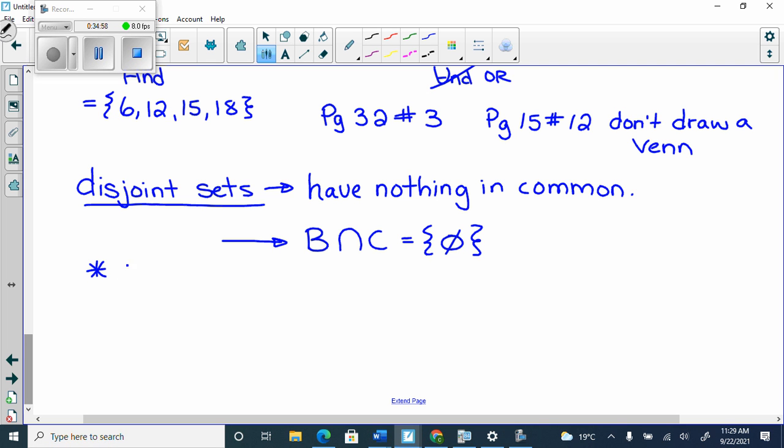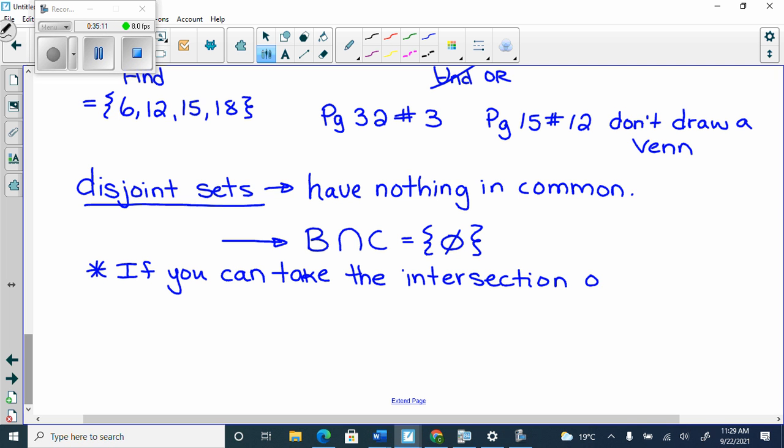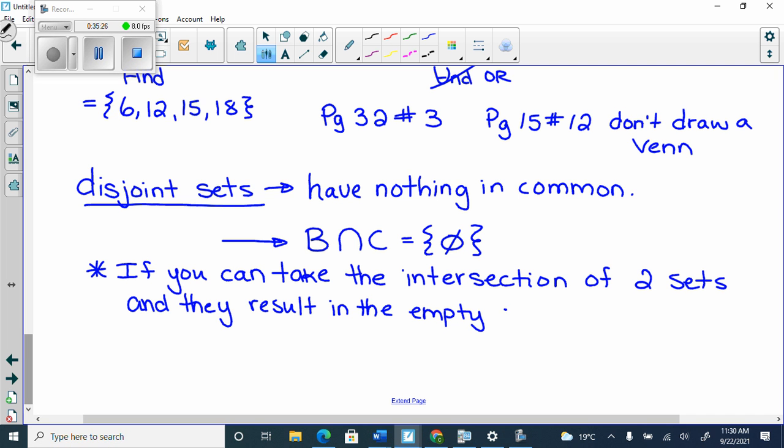So if you can take the intersection of two sets and they result in the empty set, two sets are said to be disjoint.